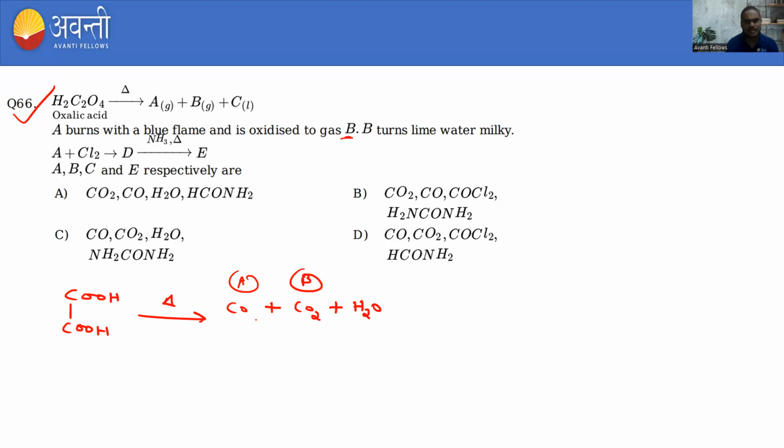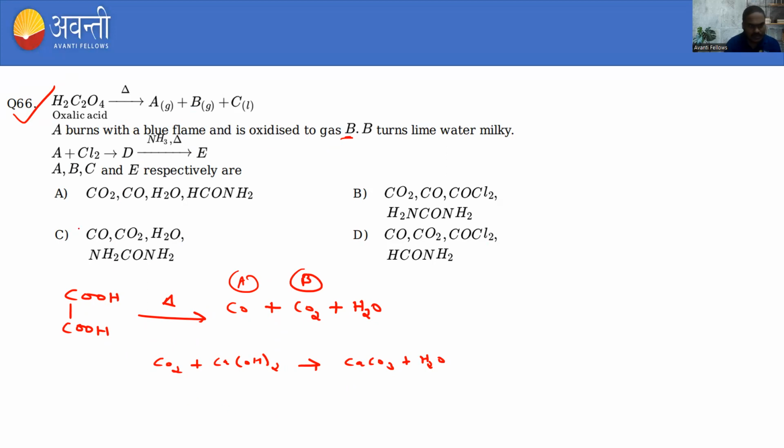So it is very understood that A is CO and B must be CO2, it's oxidized to gas B. B turns lime water milky. It means when the CO2 is treated with Ca(OH)2, that is calcium hydroxide, it converts this into CaCO3 plus H2O, right?